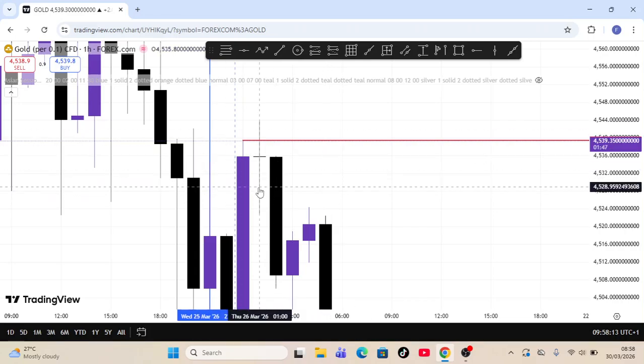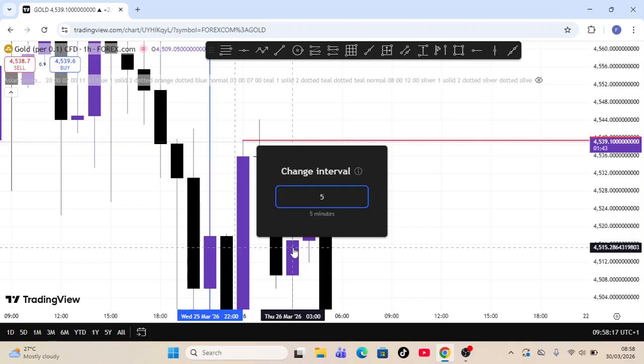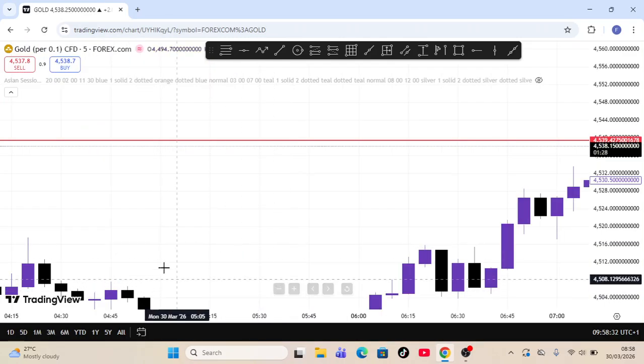So after you mark your week to week sweep, you scale to your 5 minutes time frame.